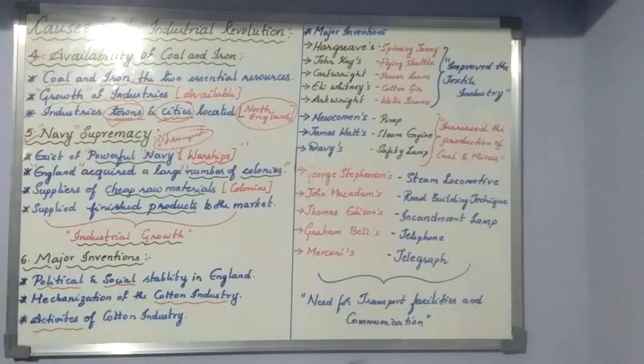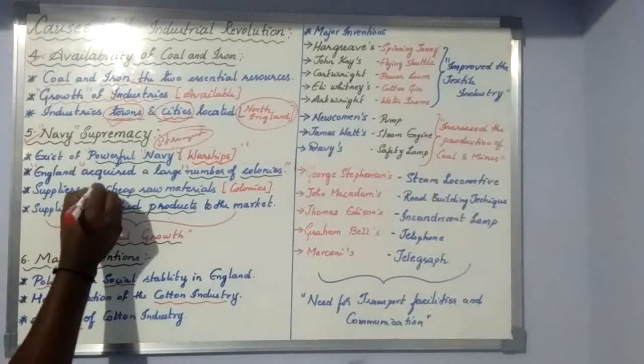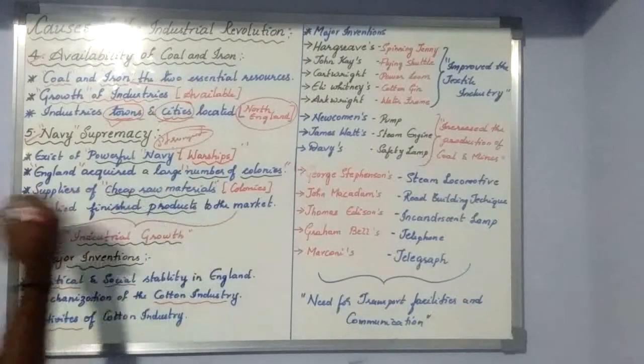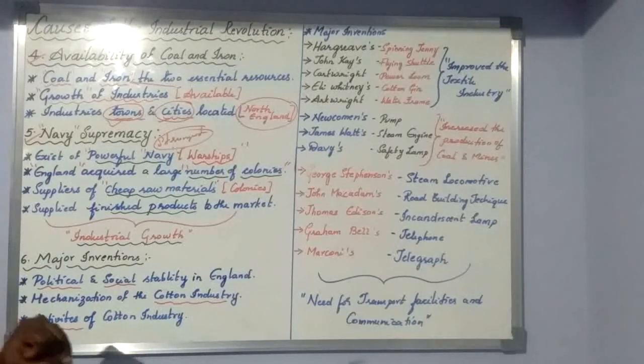By making many colonies, they started to get cheap raw materials. They captured a place, made the people work there, and whatever cultivation or production they gave was taken at a very cheap price, as raw materials from the colonies.